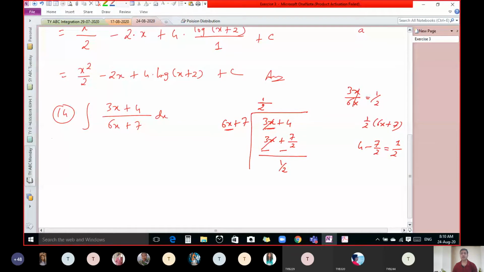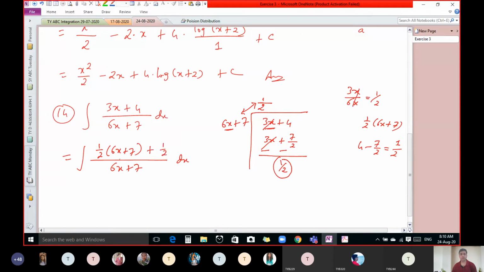Okay. Now because it's a linear function and here we now have a constant number, keeping this denominator as it is, instead of this numerator you can write this into this plus this, the same method. So 1 by 2 into (6x plus 7) plus this constant number 1 by 2.